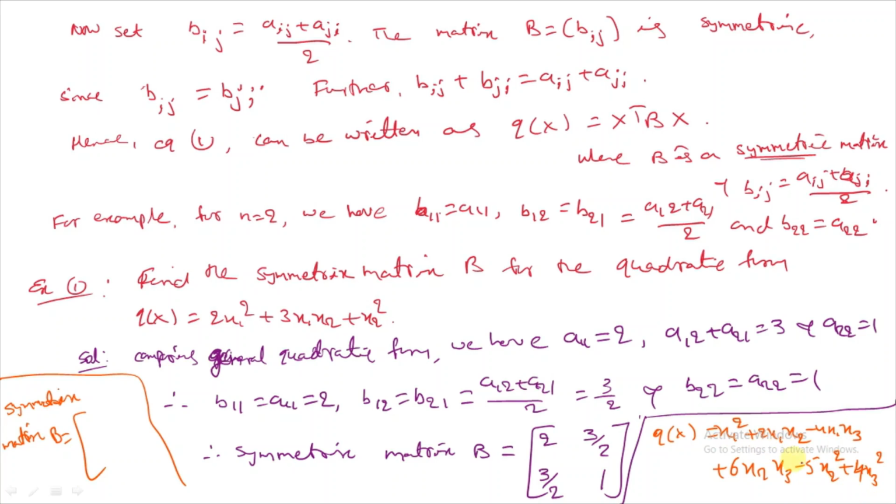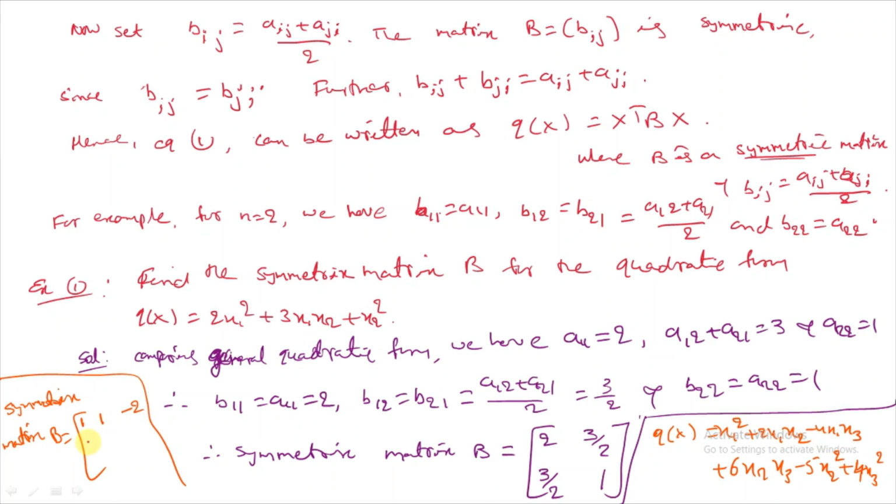For B12 and B21, the coefficient is divided by 2, so the x1 x2 coefficient 2 gives half of that, which is 1. Next x1 x3, the B13 element: minus 4 is there, and half of that is minus 2.